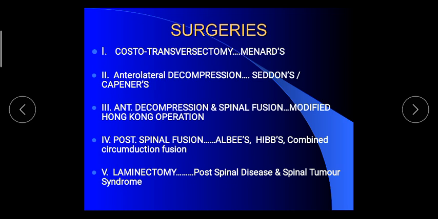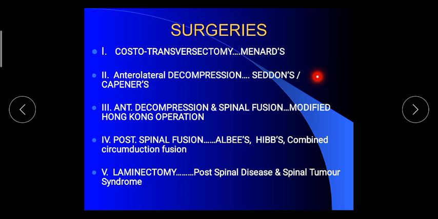What are the surgeries that can be done? First is the costotransversectomy, also called the Menard's operation. Here the transverse process is excised and the adjacent rib is excised. The second is the anterolateral decompression or the anterolateral debridement.